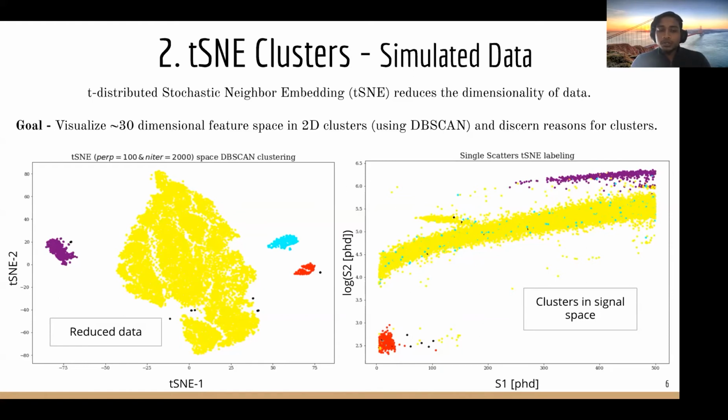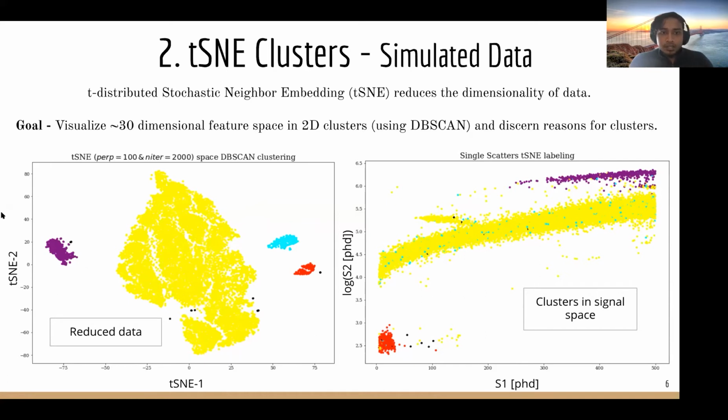So 1, 2, or 3 are all good numbers to visualize the data space. We use another clustering algorithm called DBSCAN to pick out the different clusters after the compression has been done. And ideally, we want to find out why these are being clustered as they are.